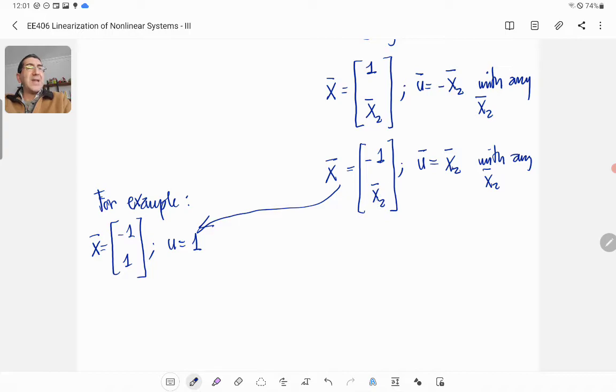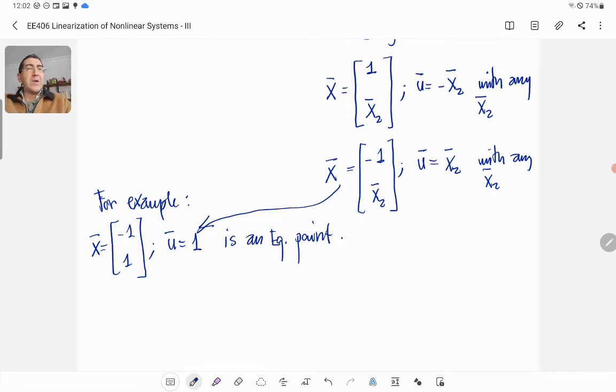The second one can be anything, but we have chosen it to be 1, and we have chosen the corresponding equilibrium input to be equal to 1, and therefore this is an equilibrium point. We can create infinitely many equilibrium points by choosing the input and the state according to this equation.